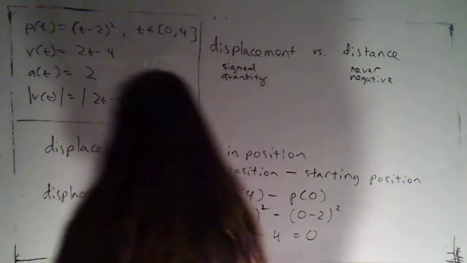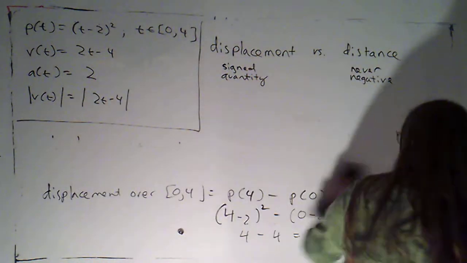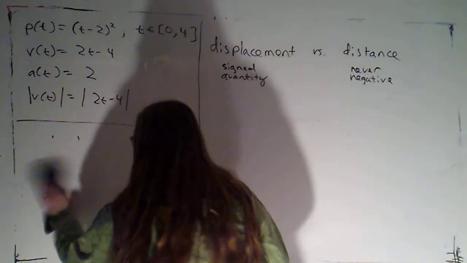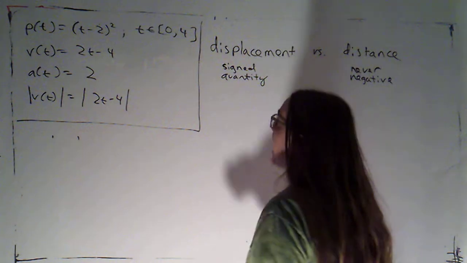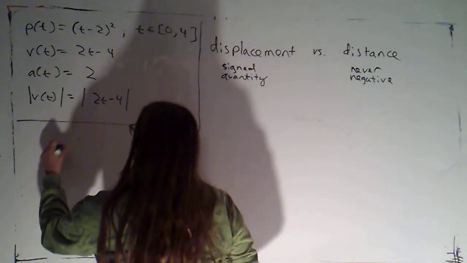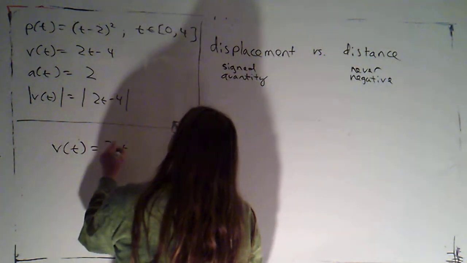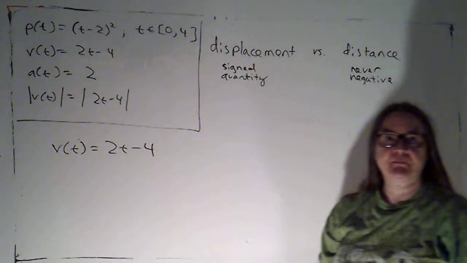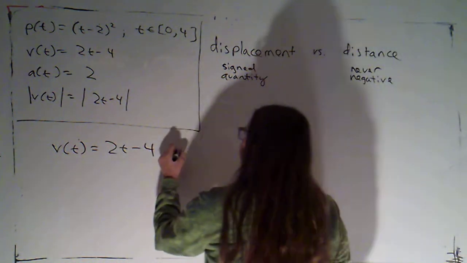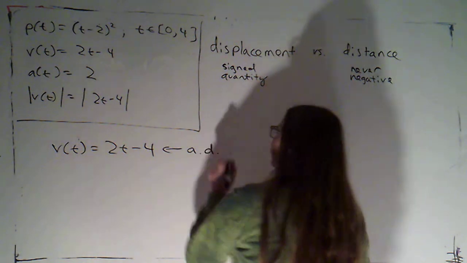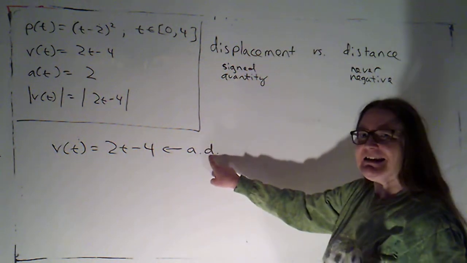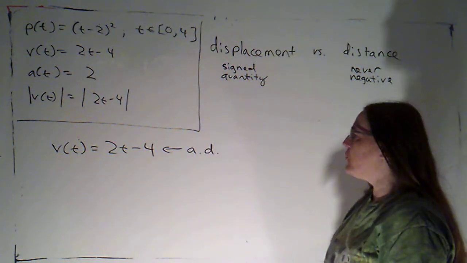So let's do that for this particular position function. I know that the velocity is 2t minus 4. I'm going to just make a note that that is always defined. I write AD as my abbreviation for always defined.